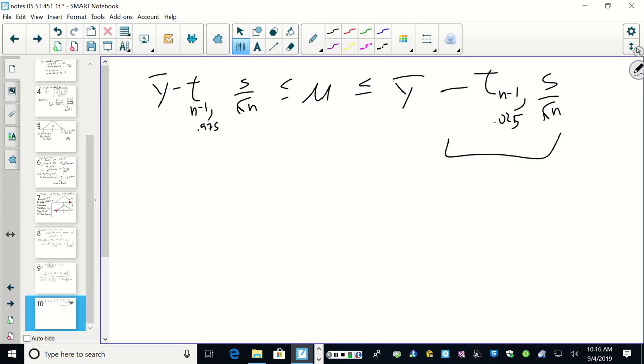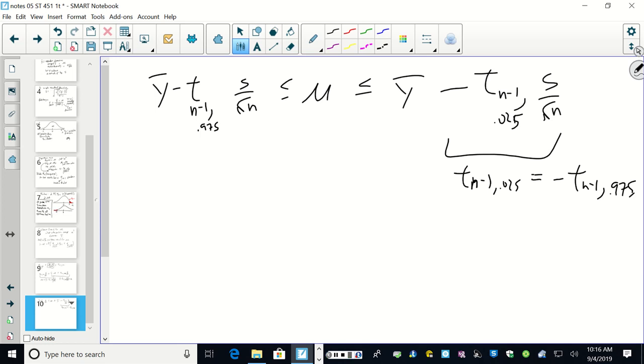But this t n-1, 0.025, because of the symmetry of the t, if you're down in the lower tail below 0, it's the negative of the corresponding point on the positive. That is the negative of the t n-1, 0.975, and this value is going to be up around 2.